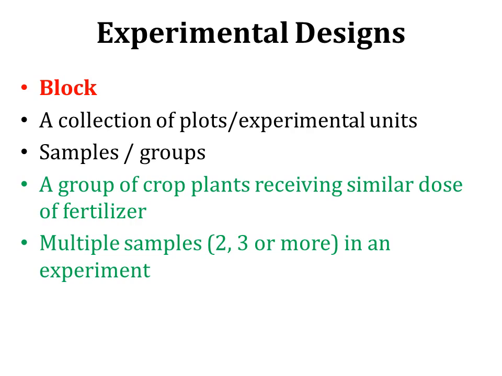A collection of the experimental units that receive a similar type of treatment is known as a block or a group or samples. And because we are applying different doses of the fertilizer, or different treatments of our independent variable, we are going to have more than one block in our experiment.